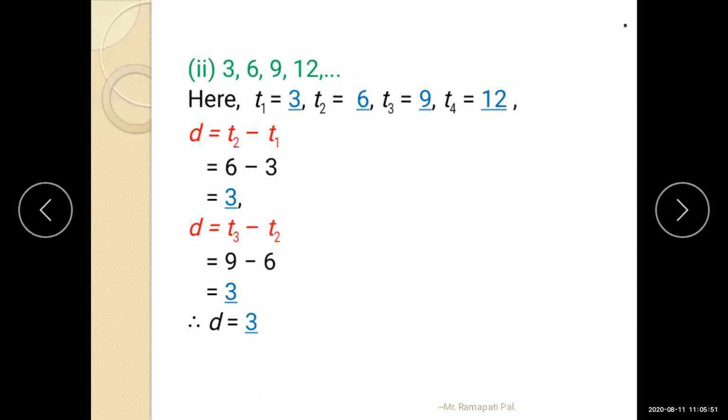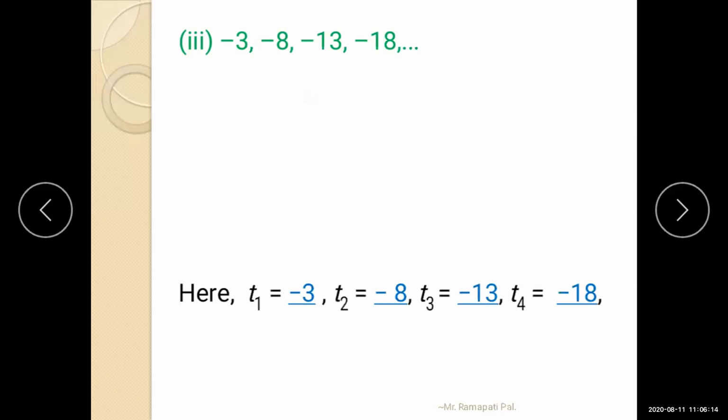Next. Minus 3, minus 8, minus 13, minus 18. This is the question. Now we have to find what is T1, what is T2, T3 and T4.